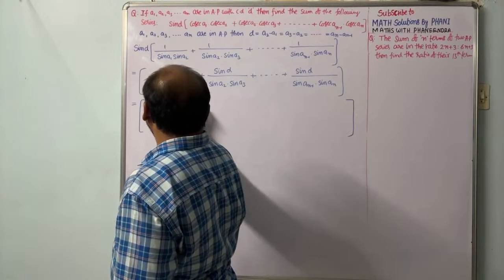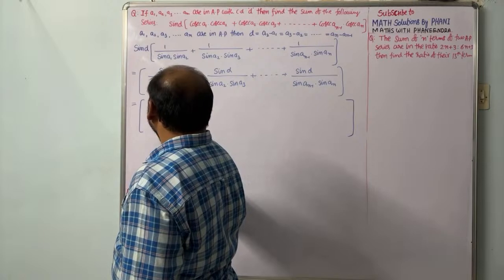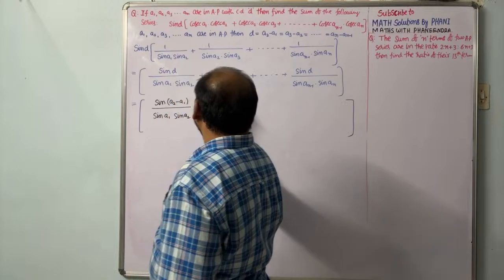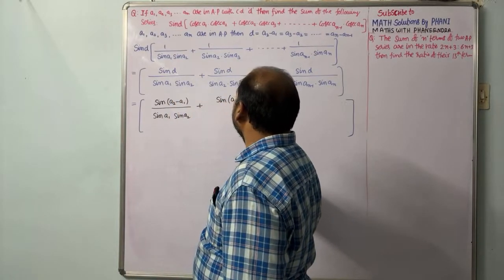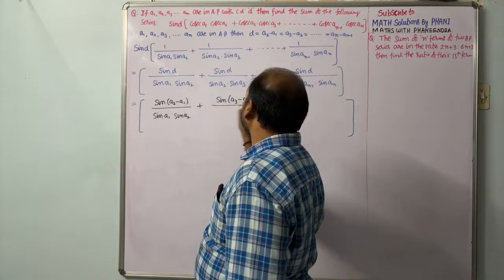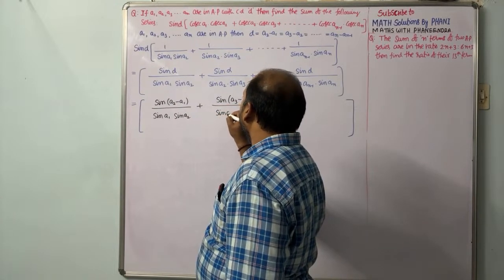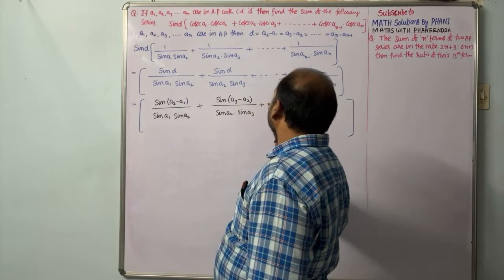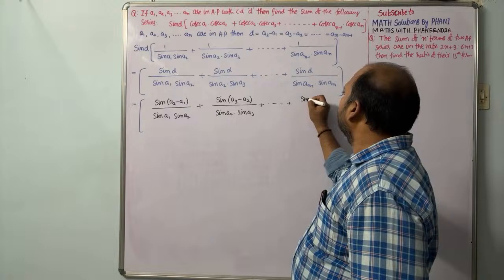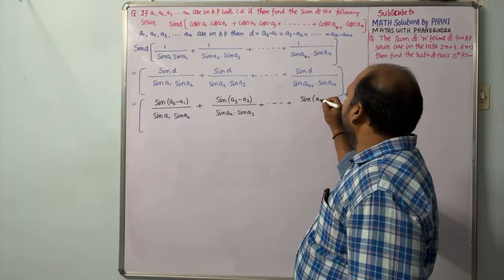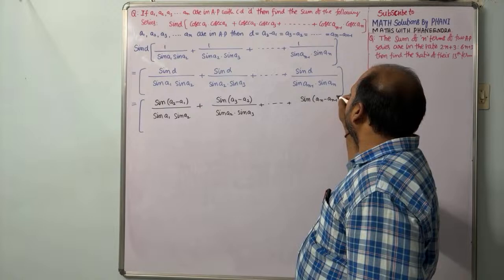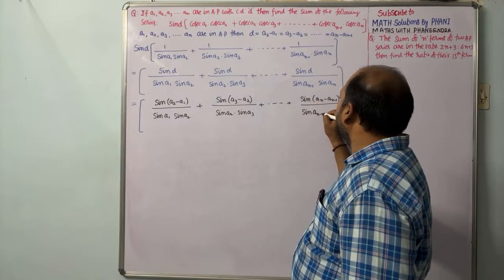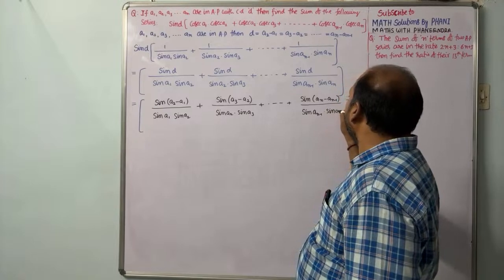Sin(A2 minus A1) divided by sin A1 into sin A2, plus similarly sin(A3 minus A2) by sin A2 into sin A3, plus and so on, sin(An minus A(n-1)) divided by sin A(n-1) into sin An.